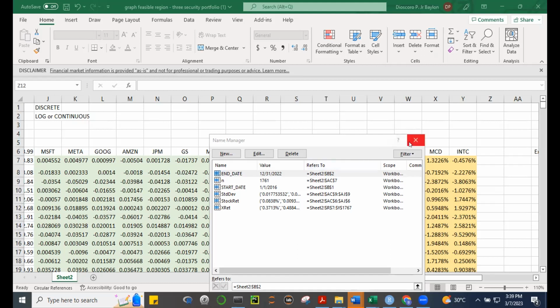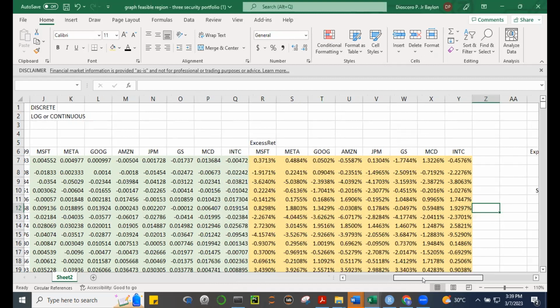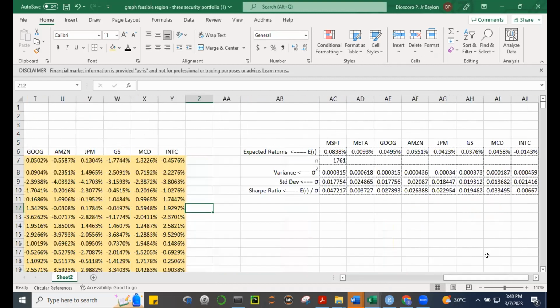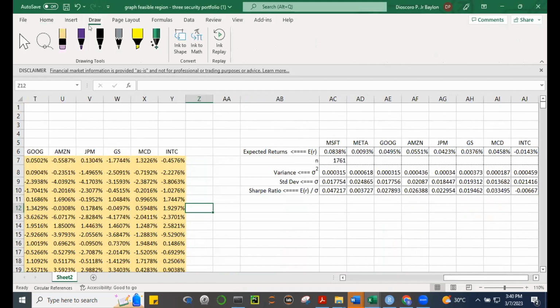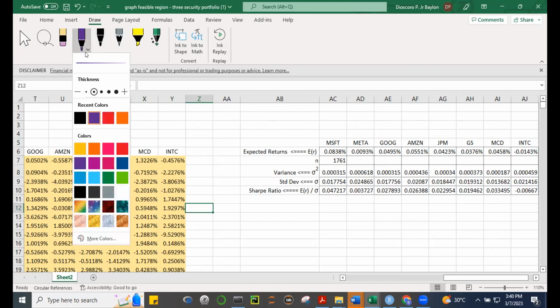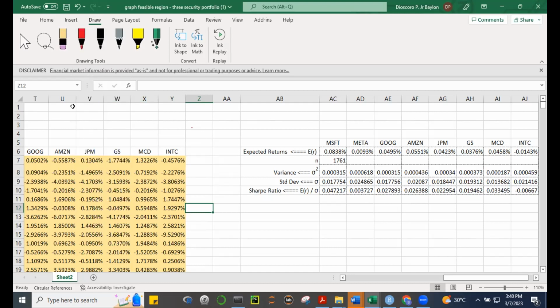Okay. All right. So let me close this. Now, what we are interested in here is to compute the return of our portfolio.